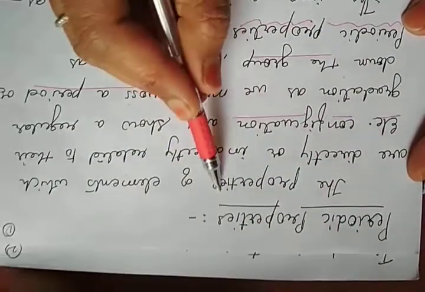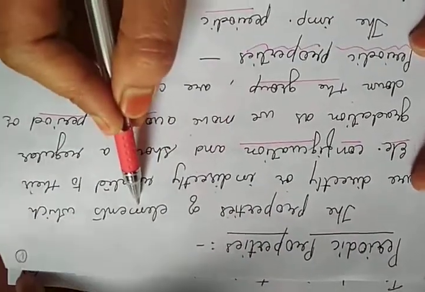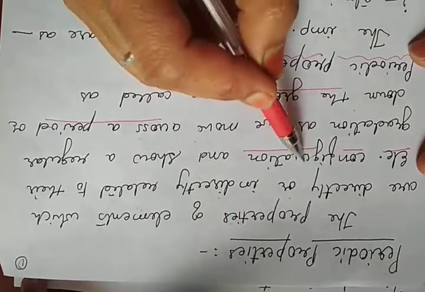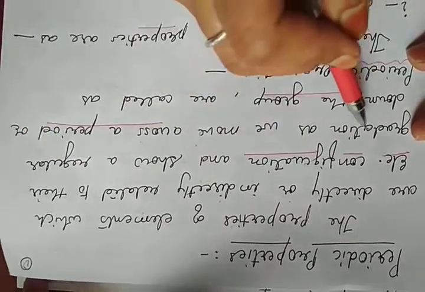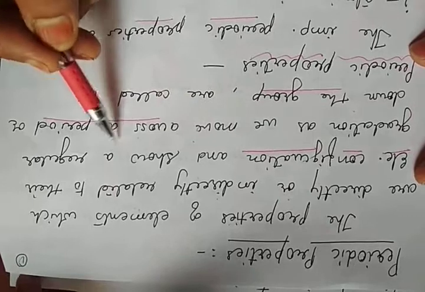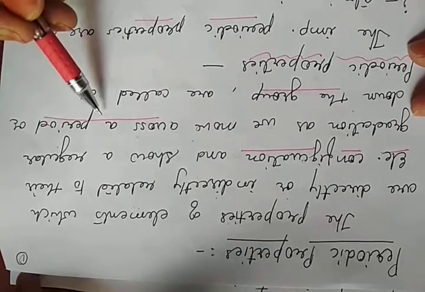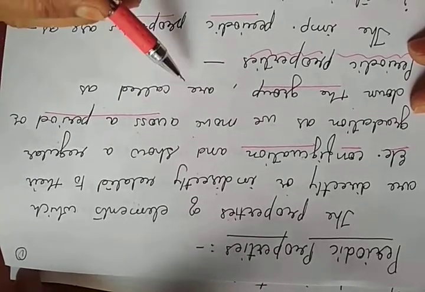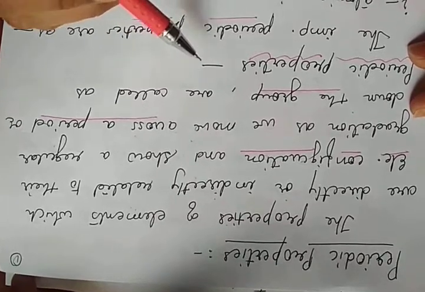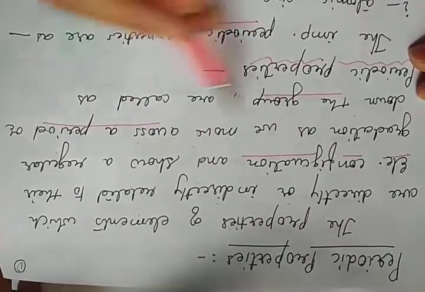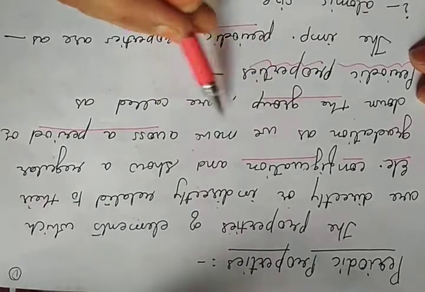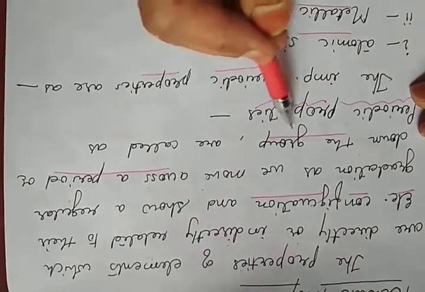periodic properties. The properties of elements which are directly or indirectly related to their electronic configuration, and they show regular change. Regular change means either it increases or decreases, which is called regular gradation, as we move across a period or down the group.